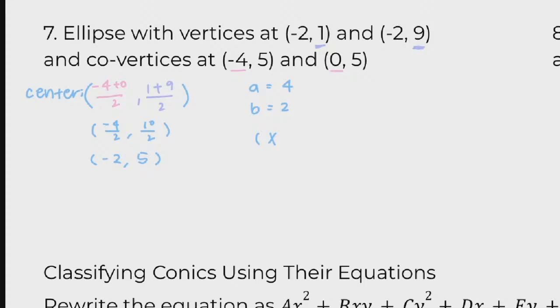So we have (x plus 2) squared plus (y minus 5) squared equals 1. And in the denominator, since the y value changed, that means a squared is going to be under y. So it's going to be 16 in the denominator. And in the other denominator, that's going to be b squared because the co-vertices changed the x coordinates. So that means this is 4.